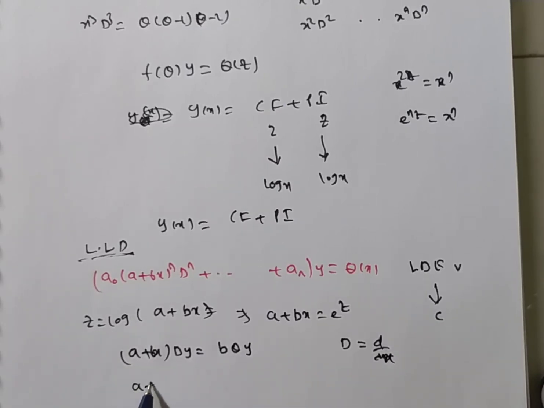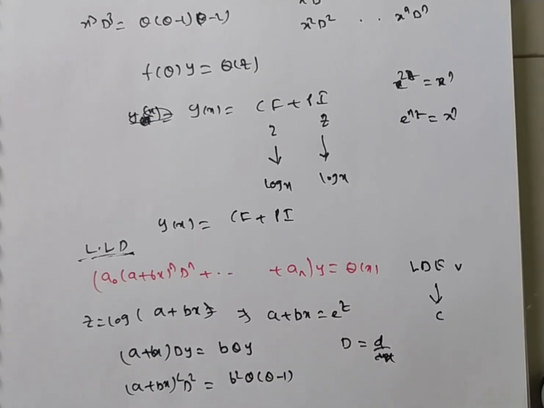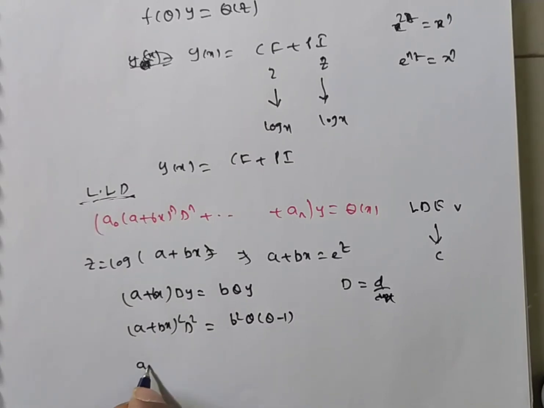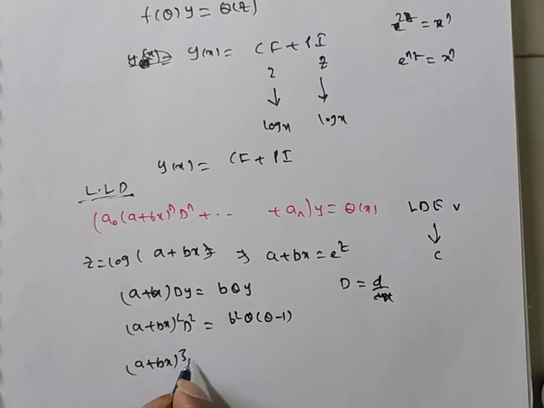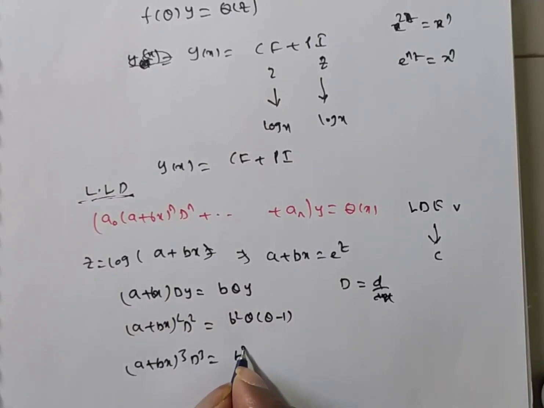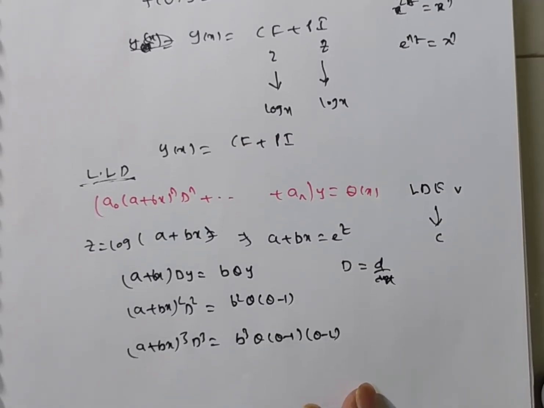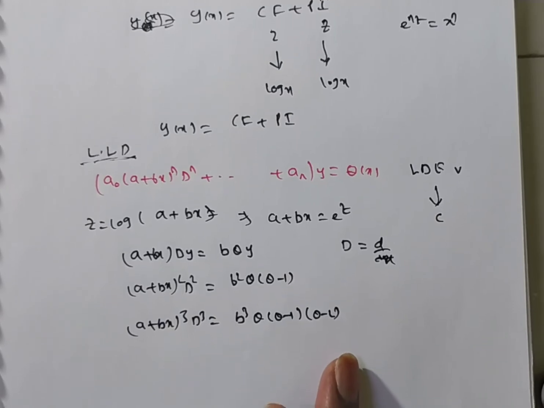Next, (a plus bx) whole squared into D squared we write as b squared into theta into (theta minus 1). Next, (a plus bx) whole cubed into D cubed is equal to b cubed into theta into (theta minus 1) into (theta minus 2). These are all the values we are substituting in the above equation.